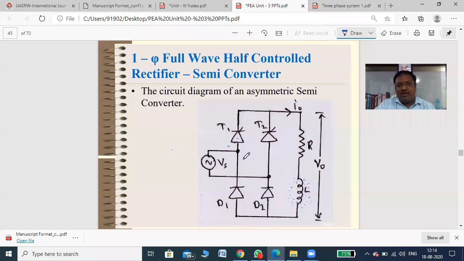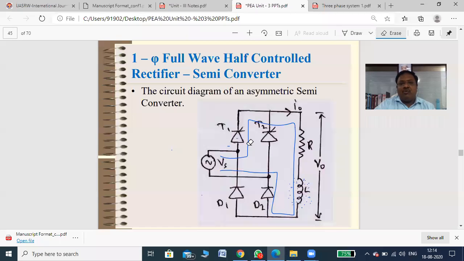Current flows from Vs, T1, R, L, D2 back to the supply. So at that time you will get the positive half cycle after alpha, right? So that you will get across the load.